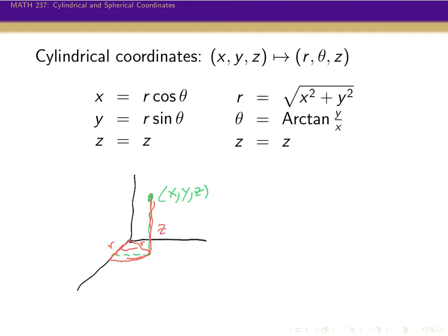So we're still just going up z. Cylindrical coordinates naturally are quite useful in carving out cylinders, and so that's where the name comes from. You can see as we drew this out, we cut out part of the cylinder here.